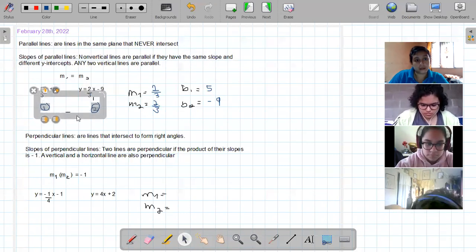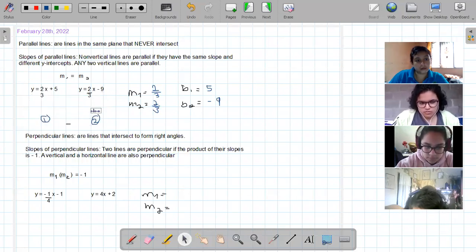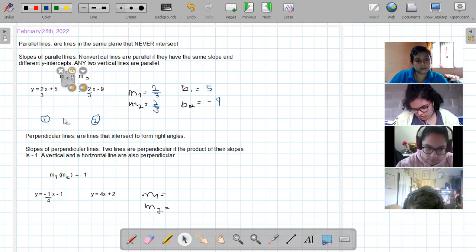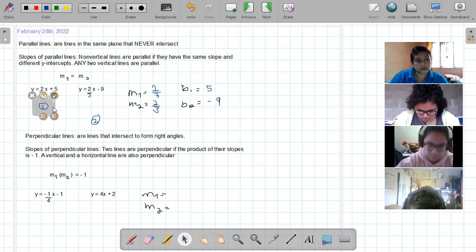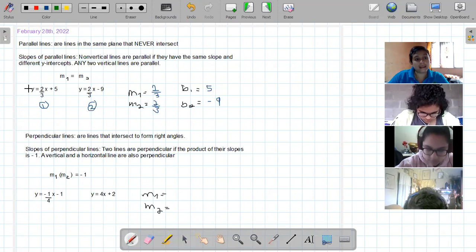I'm going to place equation 1 down here and equation 2 down here as well. And do I have different intercepts? Yes, as well. So I can say that this equation is parallel to the second equation.